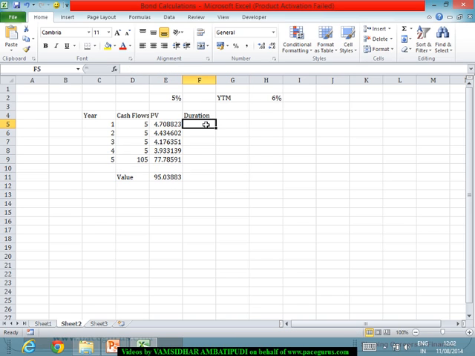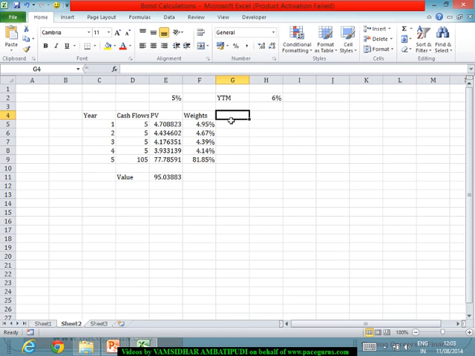So before I get into the duration, I will take the weights. The weightage I'm taking is this number divided by this number. So there is a 4.9% or some such weightage for each of these. These are the weightages that are applicable.